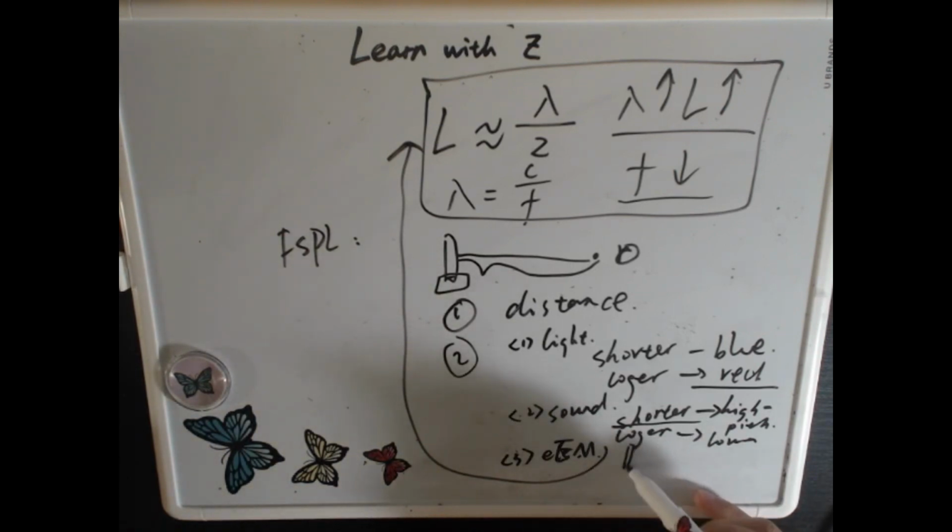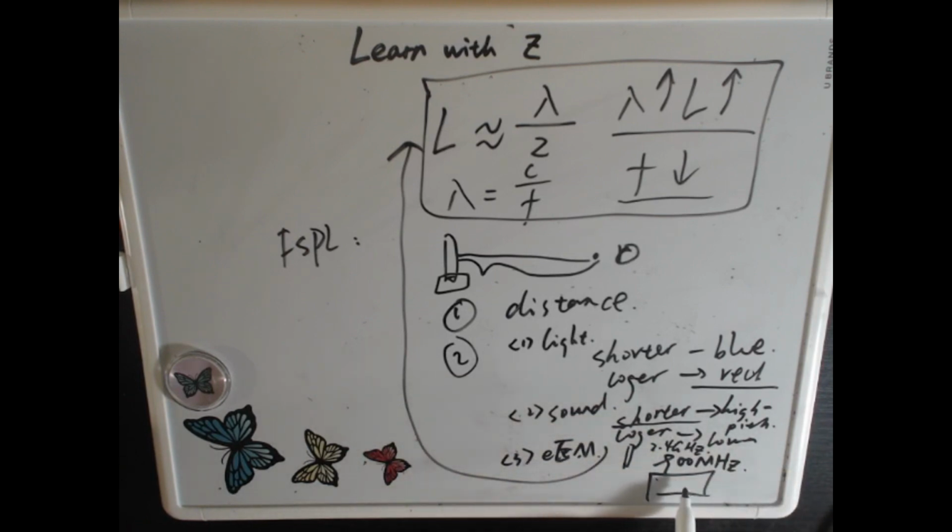It's very small, kind of like this, and has a 2.4 gigahertz frequency. And when we talk about the conventional 900 MHz, it's like a big box, right? So that means the bigger the size, the bigger the wavelength, the smaller the frequency.